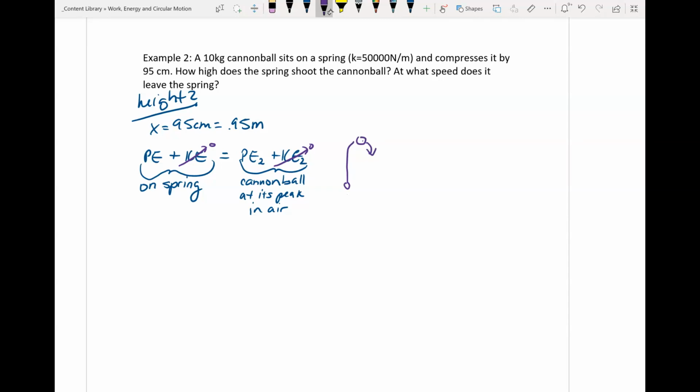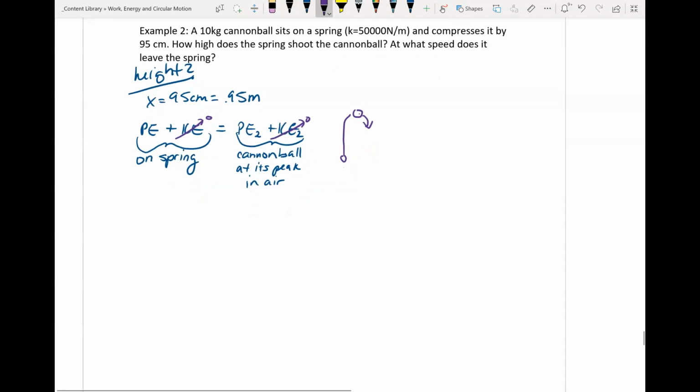Just like your free fall questions, our cannonball is not going to move at that peak time. So all it has is potential energy stored for it to come back down, but there's no kinetic energy there. So that means that we are left with potential energy when it's on the spring and potential energy when the cannonball is at the peak in the air.